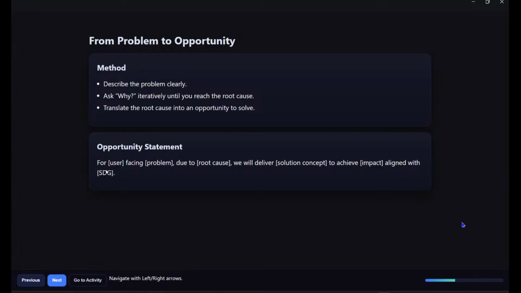Now, for example, the statement here: for a user facing a problem due to a root cause, we will deliver a solution concept to achieve an impact aligned with the SDG.